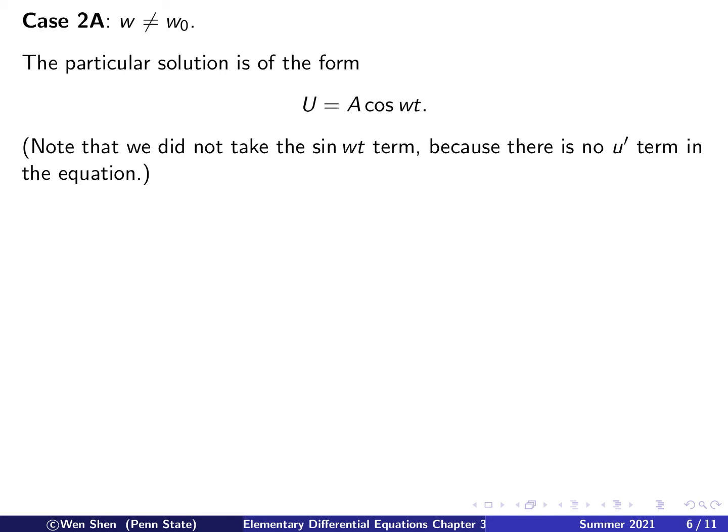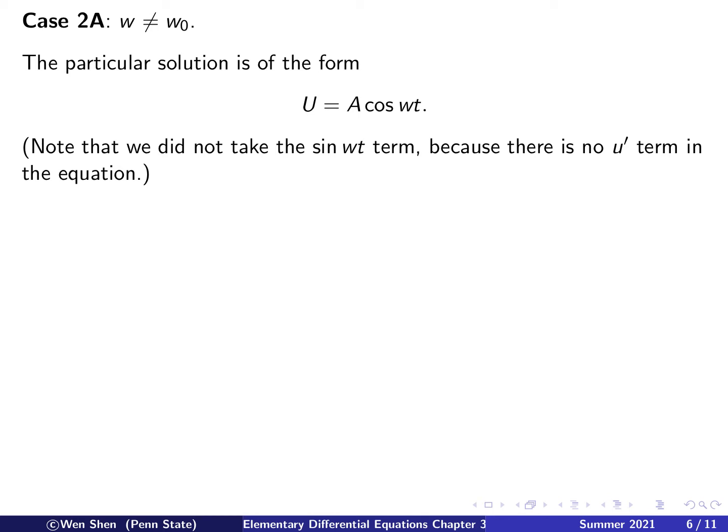Okay, let's consider the first case when w does not equal w naught. Then the particular solution can take the same form as the right-hand side. So we see that u equals A times cosine wt for some A to be determined.